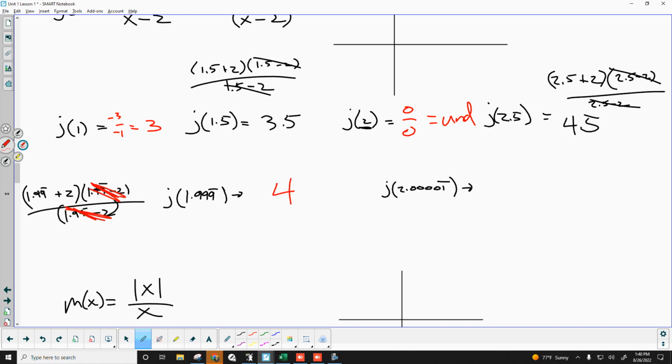Again, why was I able to do that? Because the bottom isn't 0. It's very, very close to 0. This is still undefined, but this is approaching 4. This number, same deal. It's not 0 in the bottom.